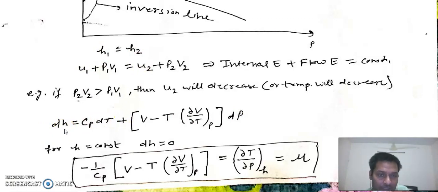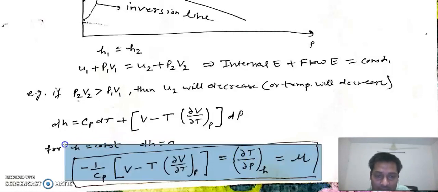Enthalpy is constant, so this dH will be 0. So if we put dH equal to 0 and rearrange this equation, finally we will get this expression. So by using this expression we can calculate the Joule-Thomson coefficient. Okay, so this is our final expression.